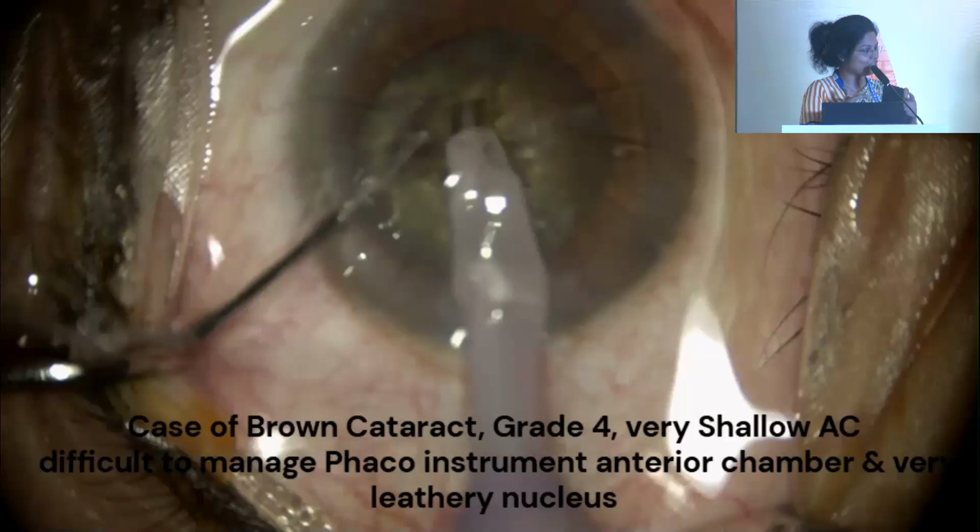So initially I thought of going for a scleral tunnel, but because of the shallow AC, I did in the other eye the same corneal incision, and it went all fine. So I thought this eye would also go fine.